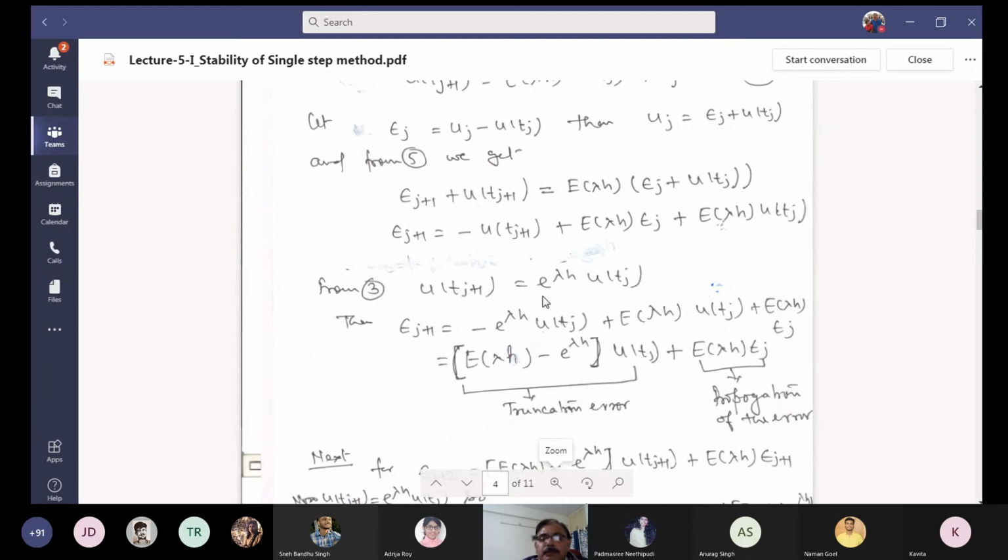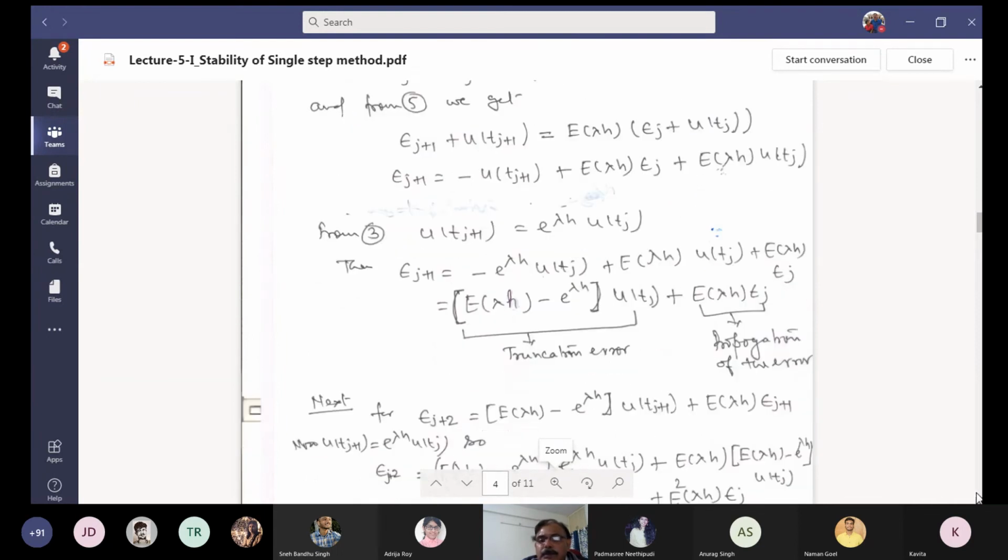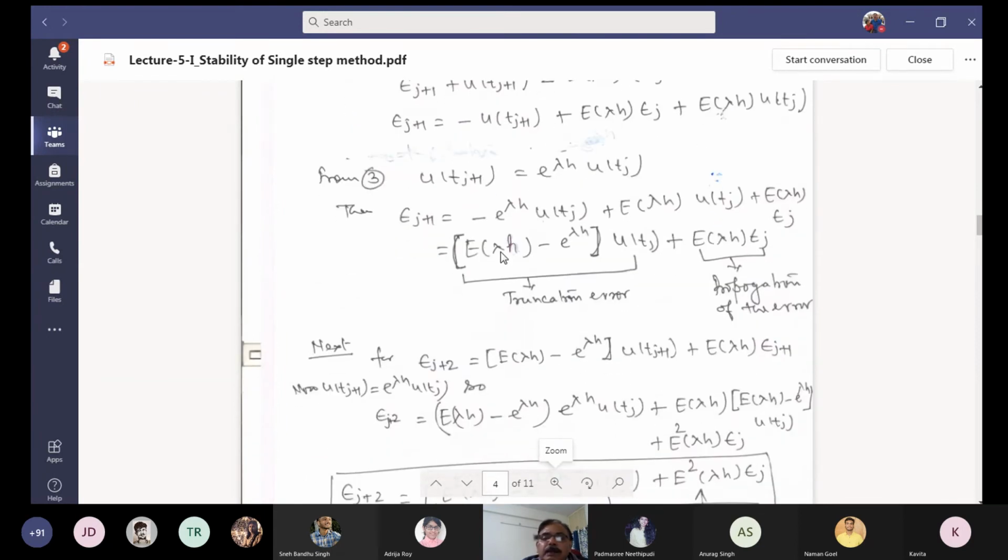So put that value. It is rewritten: the u(tj) part is taken together, the epsilon j part is taken together. So we get e lambda h minus e to power lambda h into u(tj).